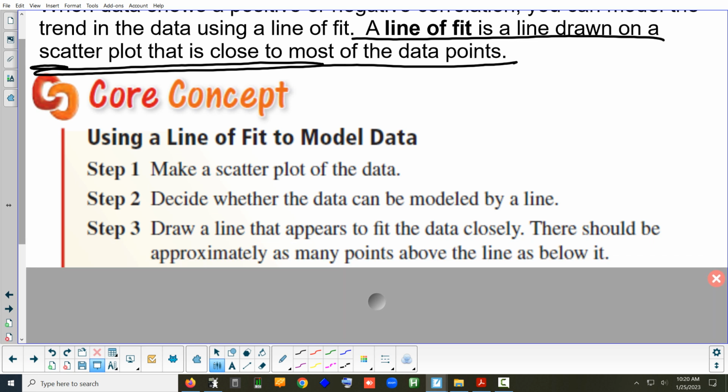We want to try to make it so there's as many points above the line as there are below. So I'll give people a second to copy that. And then we'll go back and look at my line and see, are there about as many points above the line as there are below it?